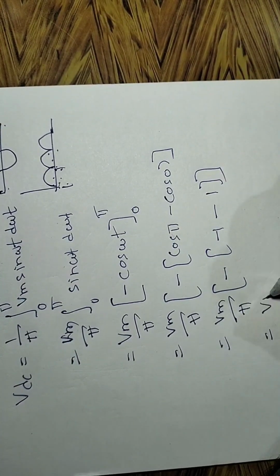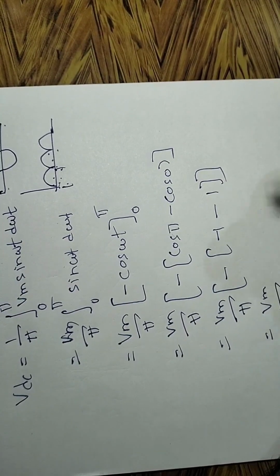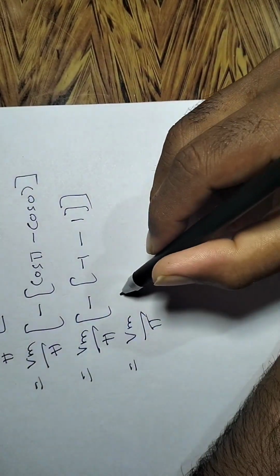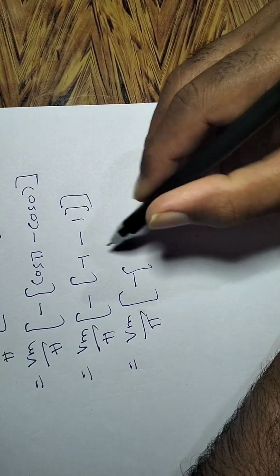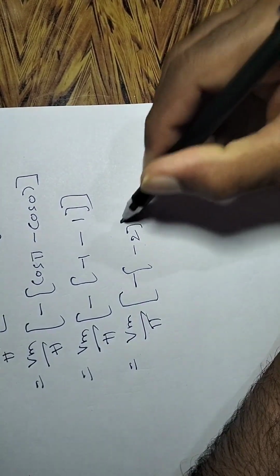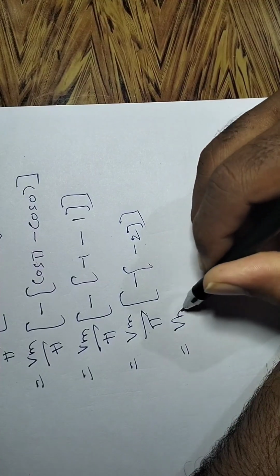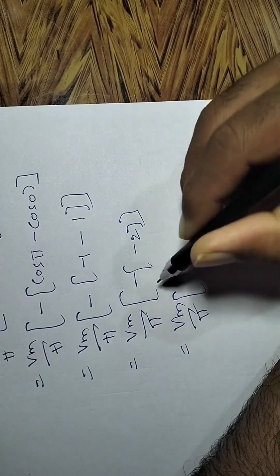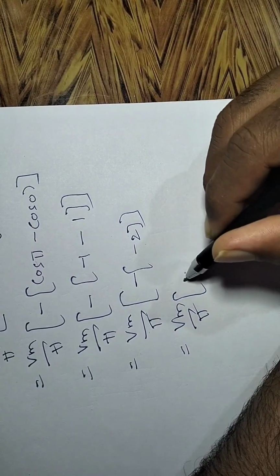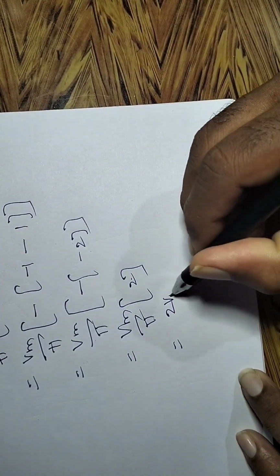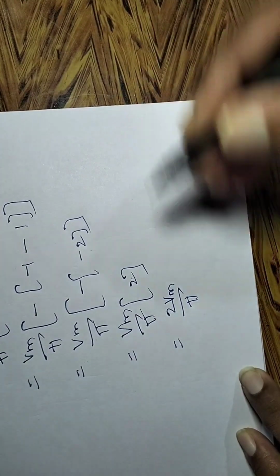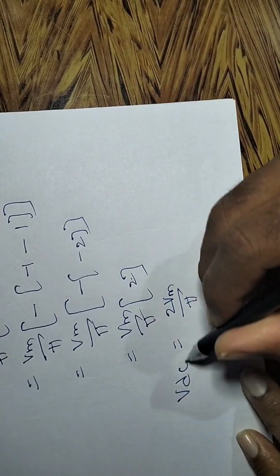So Vm by pi times minus of (minus 1 minus 1), that is minus of minus 2, minus and minus make plus, that is 2. That equals 2 Vm by pi. So this is the expression for VDC.